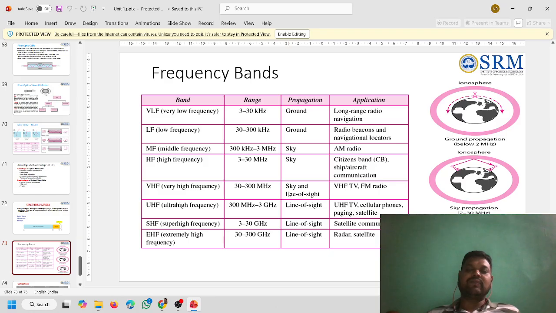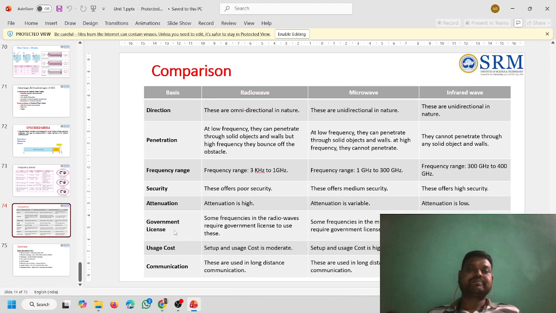Very high frequency will be propagated in the sky mode or line of sight mode. Extreme high frequencies, super high frequencies are used only for line of sight applications like satellite, radar, right? So the overall frequency range varies from 3 kilohertz to 300 gigahertz. So the frequencies are divided into various categories, right?